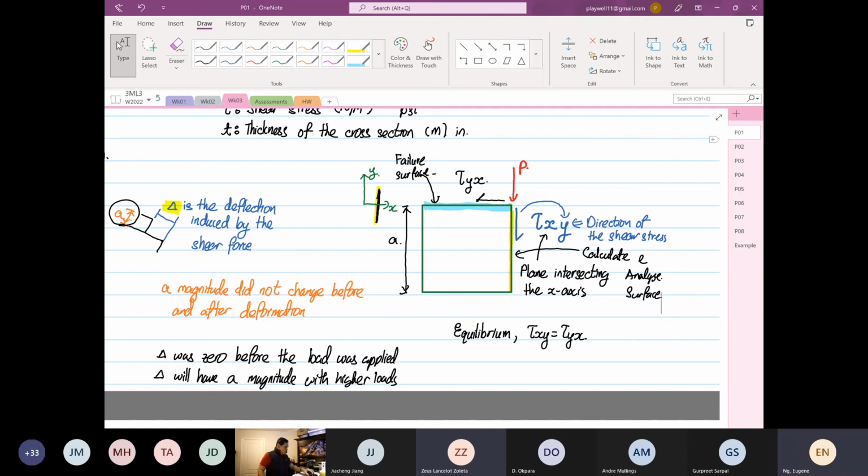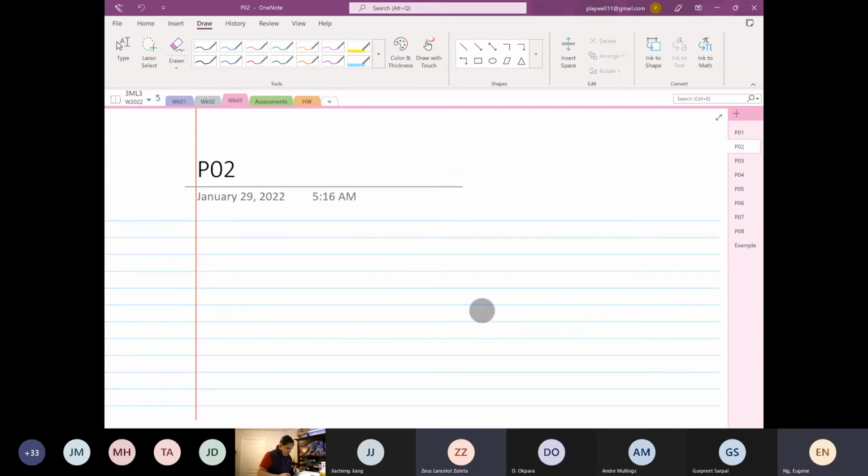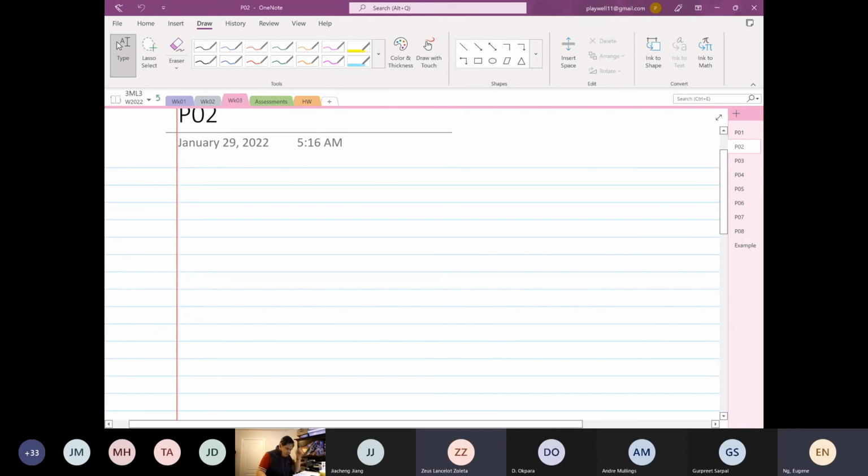So the next thing we're going to do is we're going to draw the element. We'll look at 3D. Okay, so now I'm going to draw 3D.